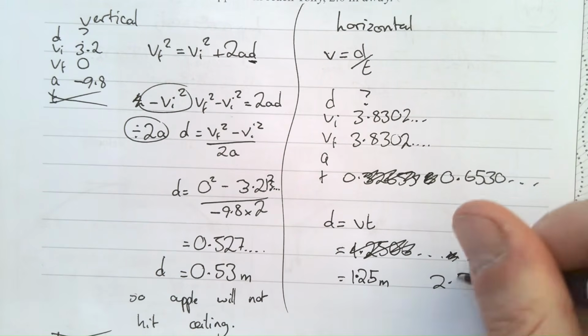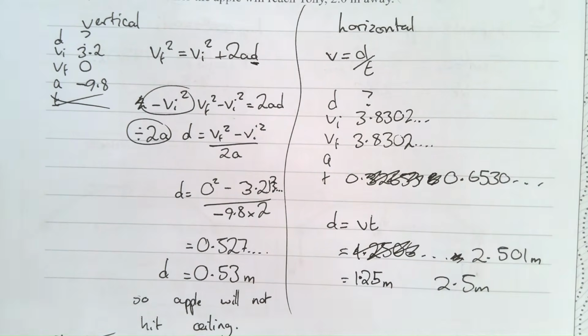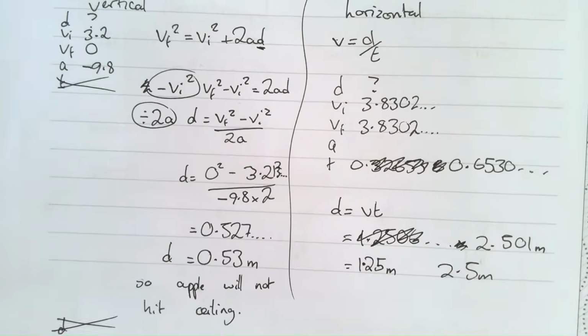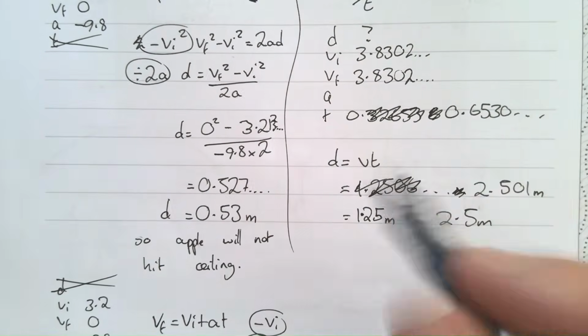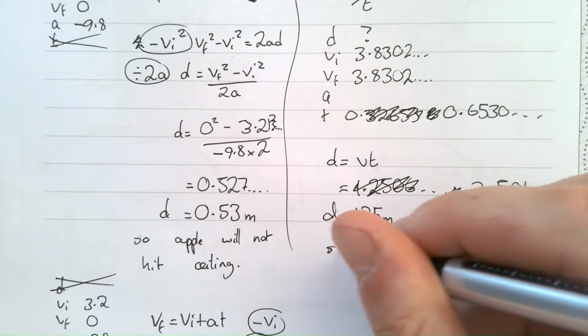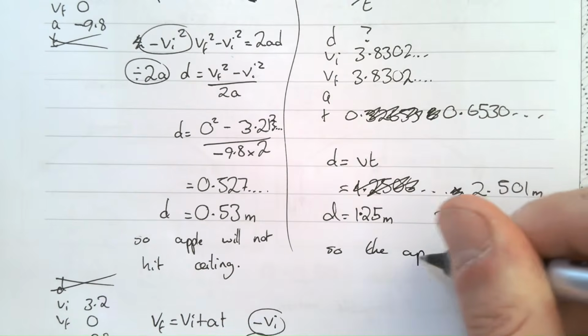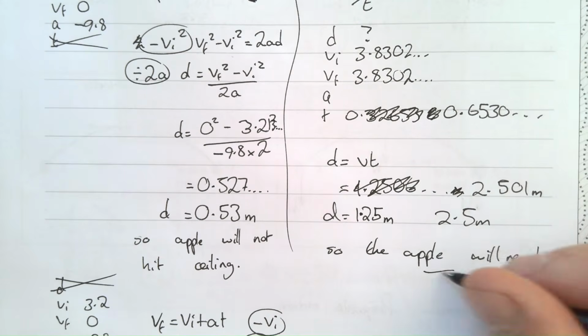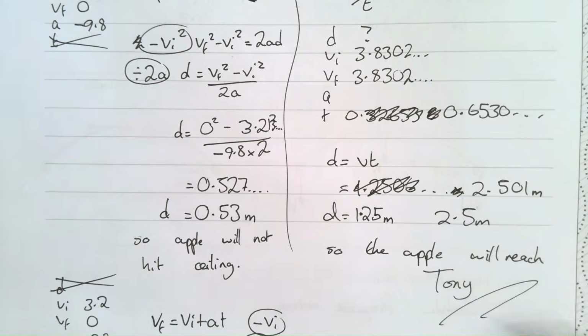Equals 2.5 meters. Tony was 2 meters away. In theory, he is thrown at 2.5 meters. So the apple will reach Tony. And it will not hit the ceiling.